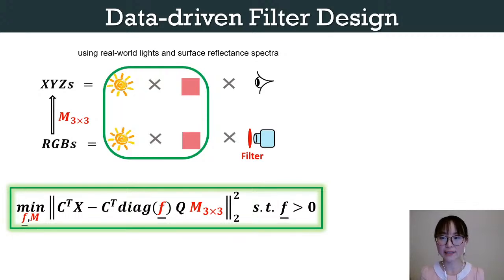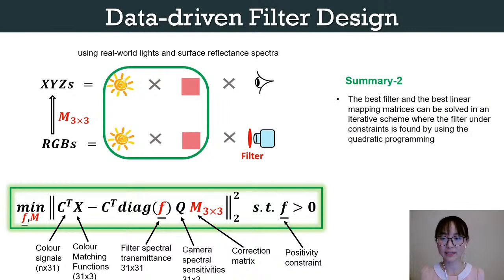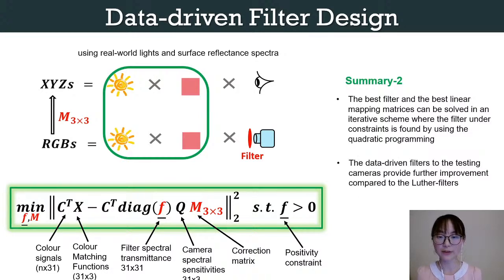We put in this new matrix C, which represents the color signal of the real-world illuminant and surface reflectance. At the same time, we pose positivity constraints on the filter. In this formulation, the filter and the linear mapping matrix can be solved in an iterative scheme, and the filter can be solved, because of the constraints, using quadratic programming. The optimal filter solved from the data-driven method provides further improvement compared to the filters from the Luther condition optimization.